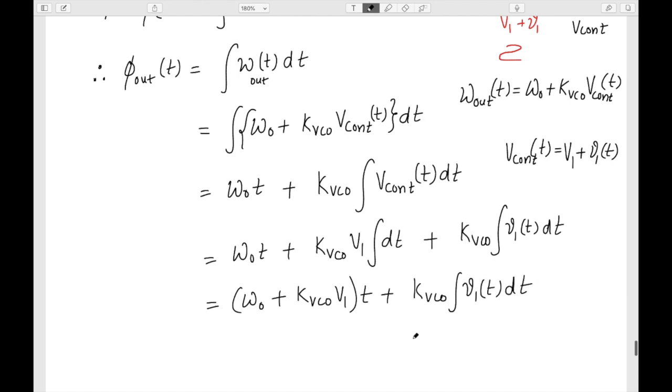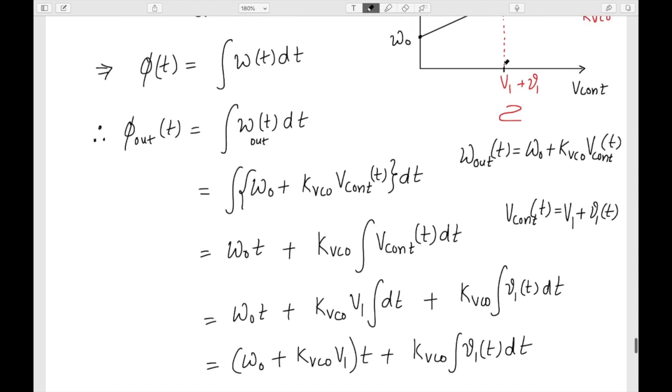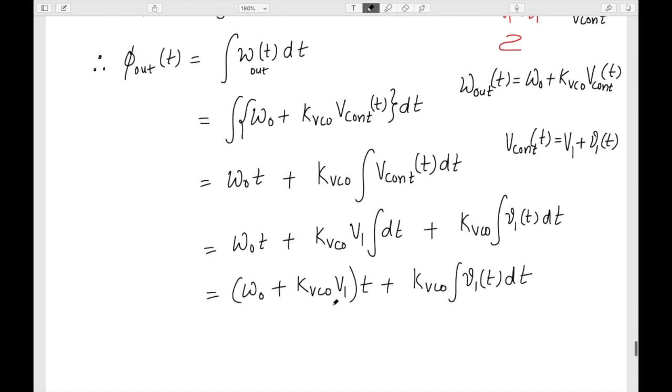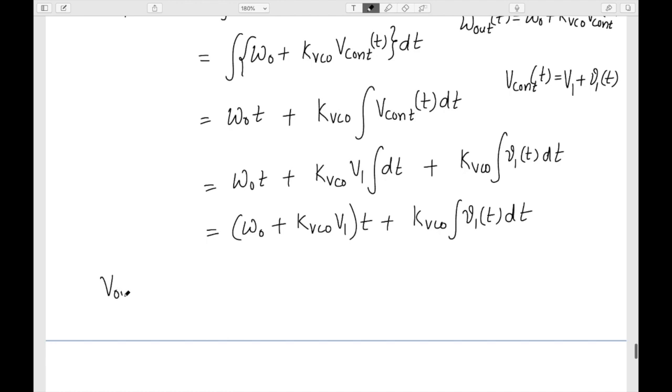Okay, so now of course this is the case when there is no change, so this is the operating frequency, omega naught plus KVCO times V1. But if there is a small change, then it will be shown something like this. My v out which is coming out of the PLL is a sine wave, right?